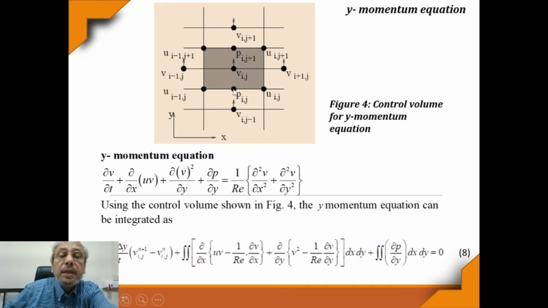Like this point is considered Pij, this point is Pi j plus 1, this point is Vi plus 1j, this point is Vi minus 1j, etc. And this control volume is the V control volume, where Vij is defined at the center of the control volume.